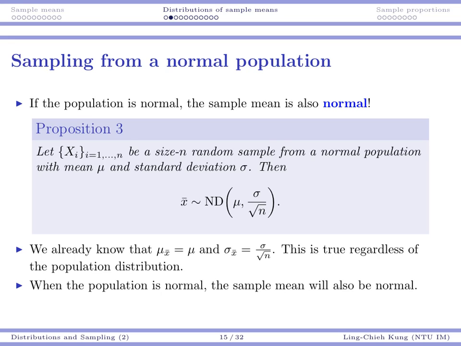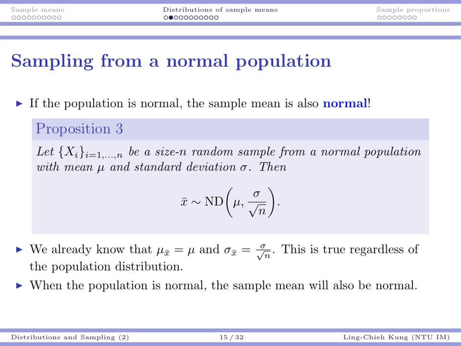In general, if we sample from a normal population, then regardless of the sample size, your sample mean would always be normal.